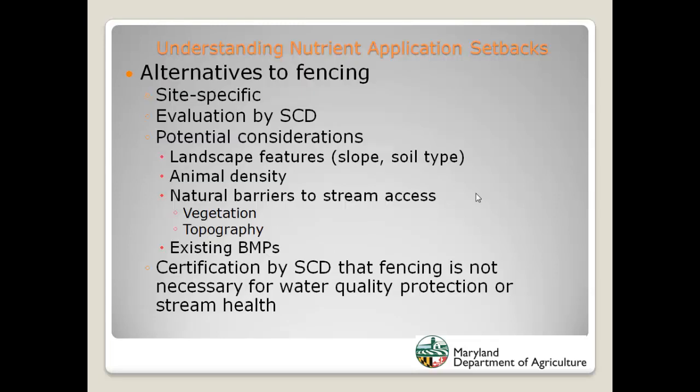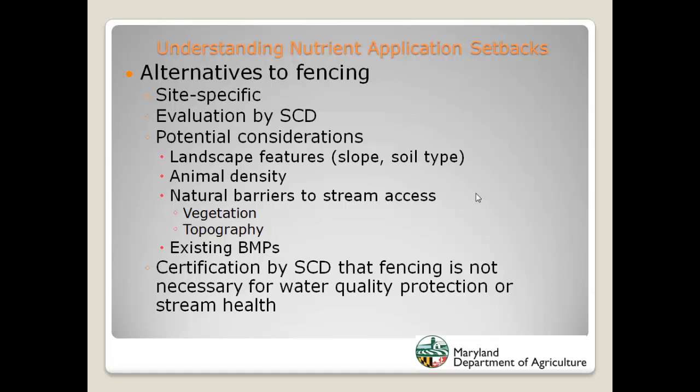A couple of applications just to clarify. The regulation said in a pasture situation, as an alternative to fencing, that there could be the opportunity for the Soil Conservation District to do a site-specific evaluation and assess that site for alternative BMPs that might be appropriate and sufficient to protect water quality and stream health, rather than this what's been interpreted as a default requirement for fencing.